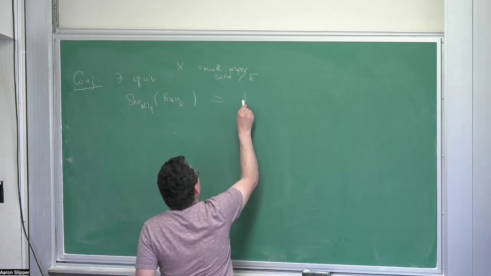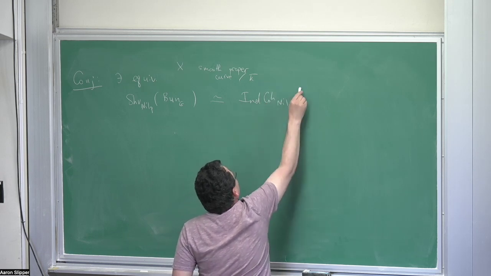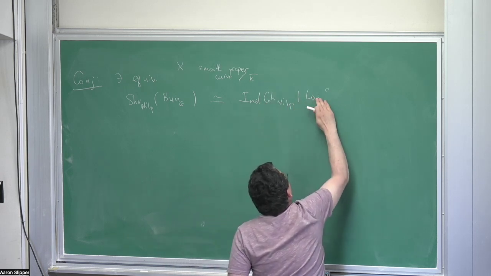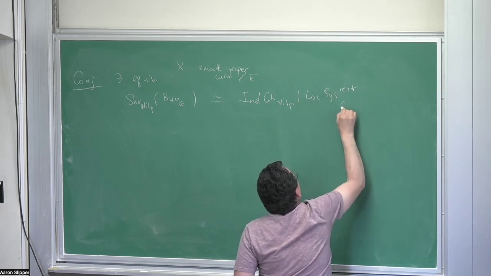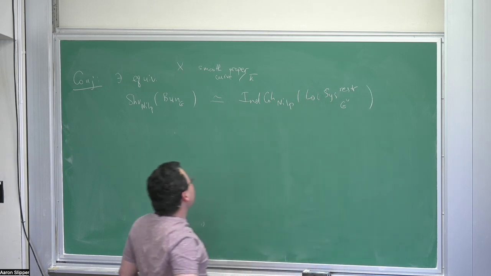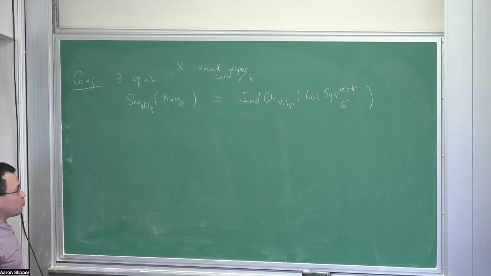And there's an equivalence between this and the automorphic side. X is implicit in both of these moduli spaces.